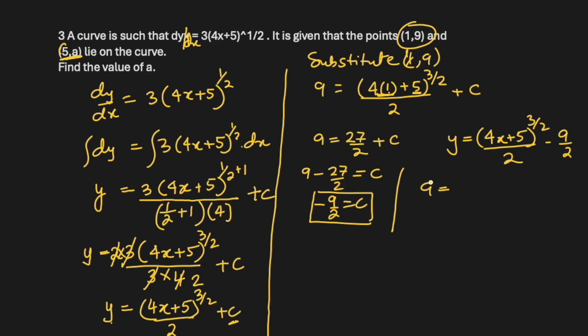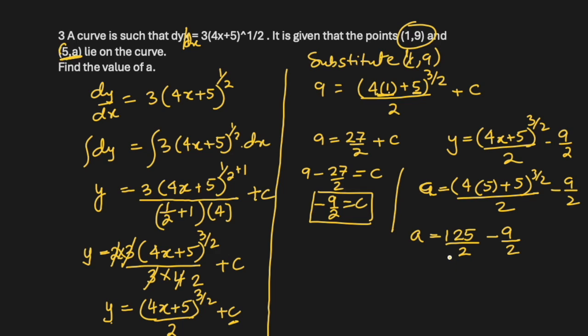So a is equal to (4 times 5 plus 5) to the power 3 over 2, over 2, minus 9 over 2. So a equal to 20 plus 5, 25, 25 to the power 3 over 2, 125 over 2 minus 9 over 2. So it's 116 over 2. So a is equal to 58. We got the value of a.